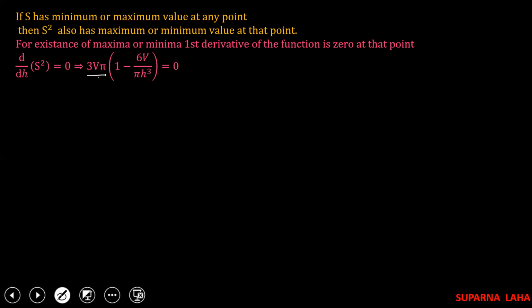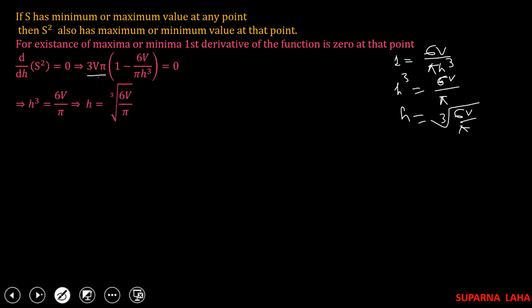So from here I can write 1 is equal to 6v by pi h cube. So what is h cube? h cube is 6v by pi. Now what is h? This is given by the cube root of 6v by pi.